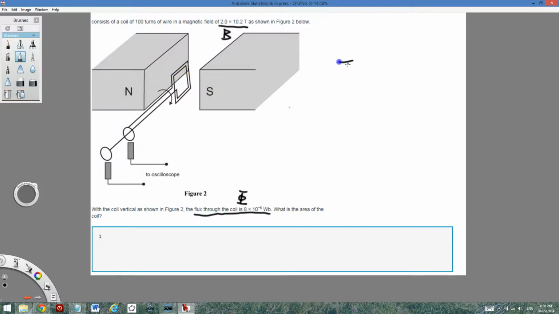So use the equation and put down the numbers.